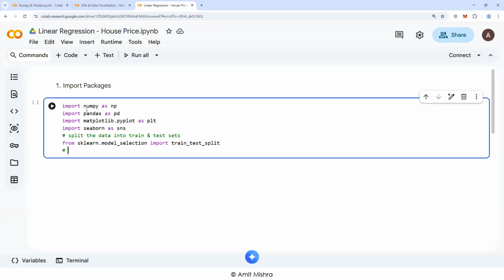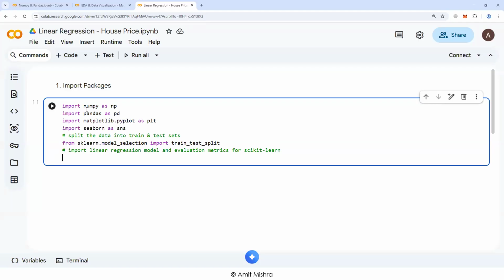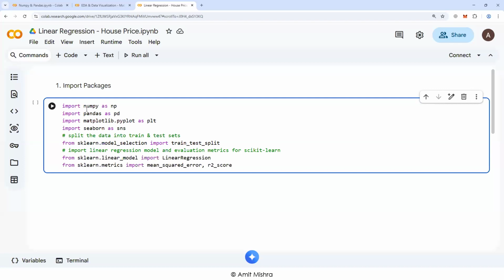Okay, next we need to import the linear regression model and evaluation metrics from the scikit-learn package. It starts from sklearn.